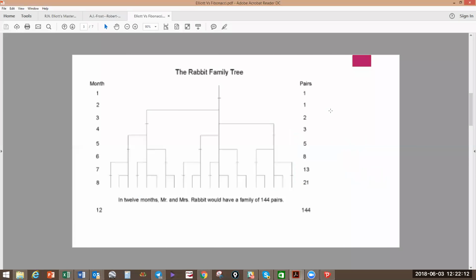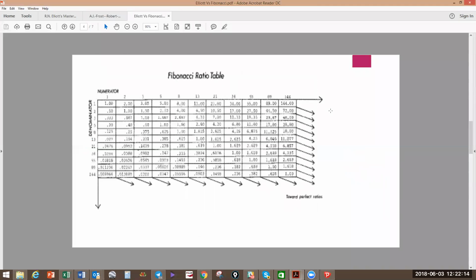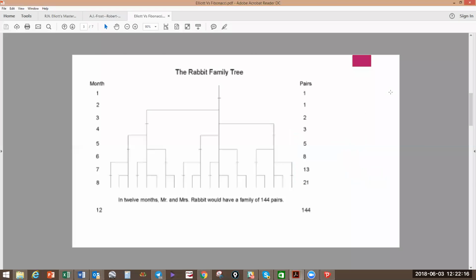Another thing to note is that if you multiply any of these numbers by 4, except for the first two, let's give it a test. You're going to get 8.